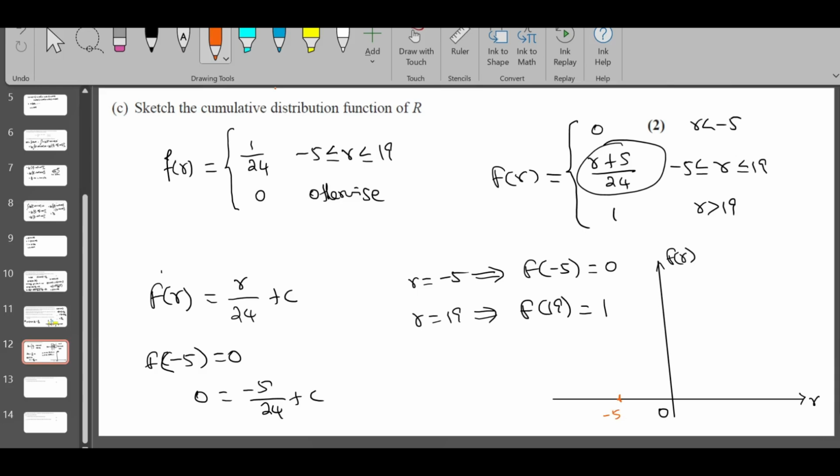It's a line with a positive slope, and it is 1 when r is equal to 19. That's all. You just show this graph, that's it. You don't need to show any of this working actually. But to find capital F of x, you need all this.